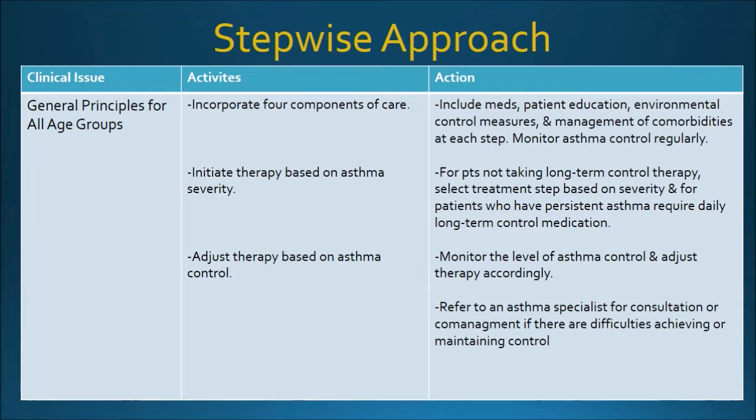So for patients not taking long-term control therapy, we're going to select a treatment step based on the severity, and for the patients who have persistent asthma that require daily long-term control medication. We'll adjust the therapy based on asthma control by monitoring the level of the asthma control and adjusting the therapy accordingly. And we'll refer to an asthma specialist for consultation or co-management if there are difficulties achieving or maintaining the control.